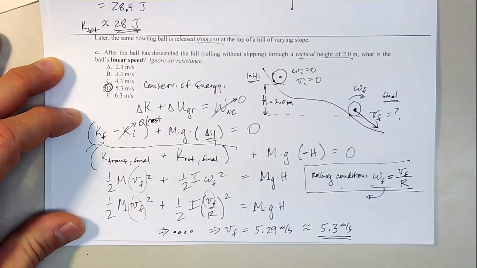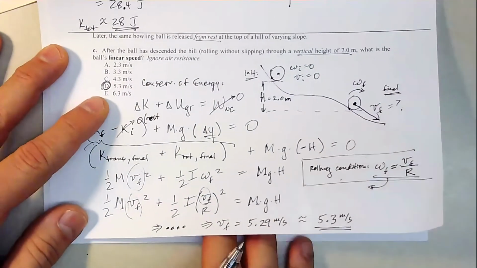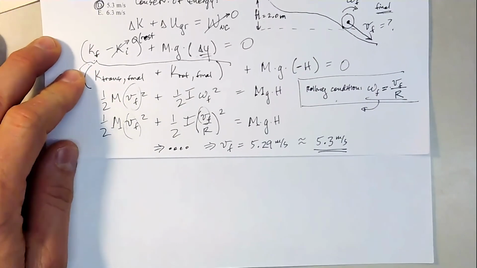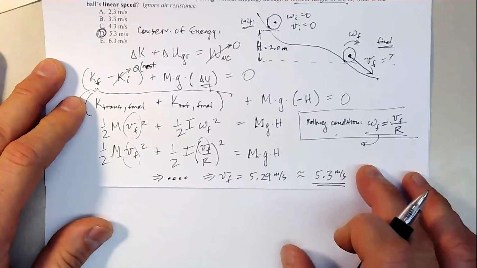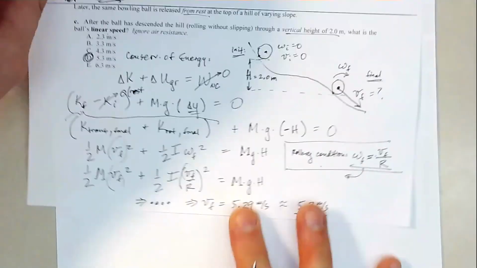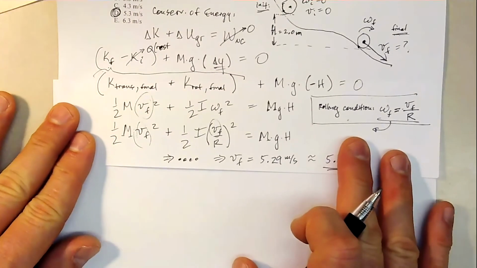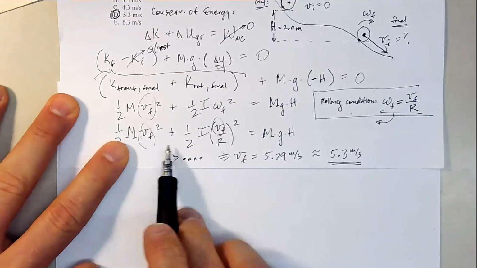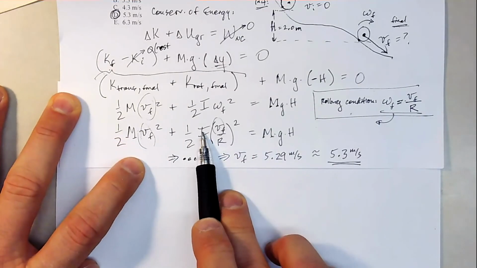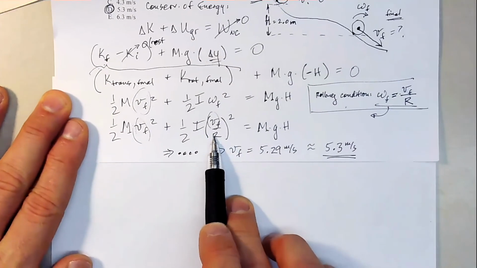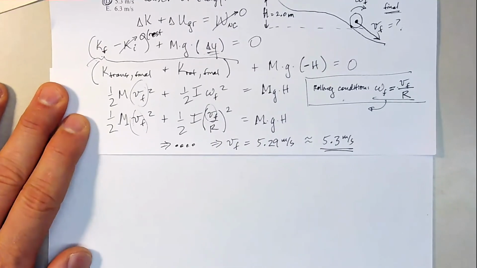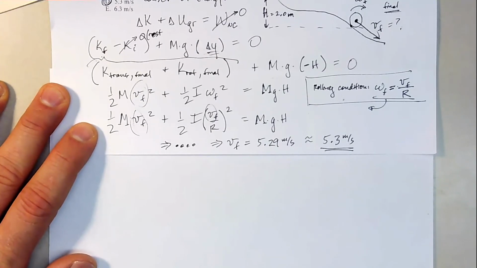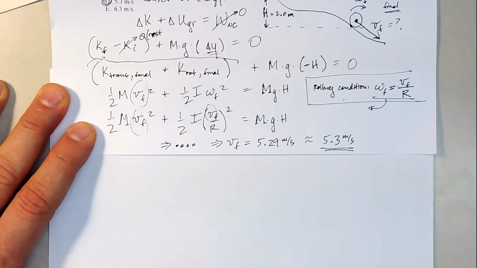What I would like to do, though, is show you a small variation on this, which is something that we often do with these rolling body problems. Instead of plugging in all of these values for the mass, the moment of inertia, and the radius, we can do something similar to what I did in that rolling race example, where many of those quantities, masses and radii, are going to cancel out.